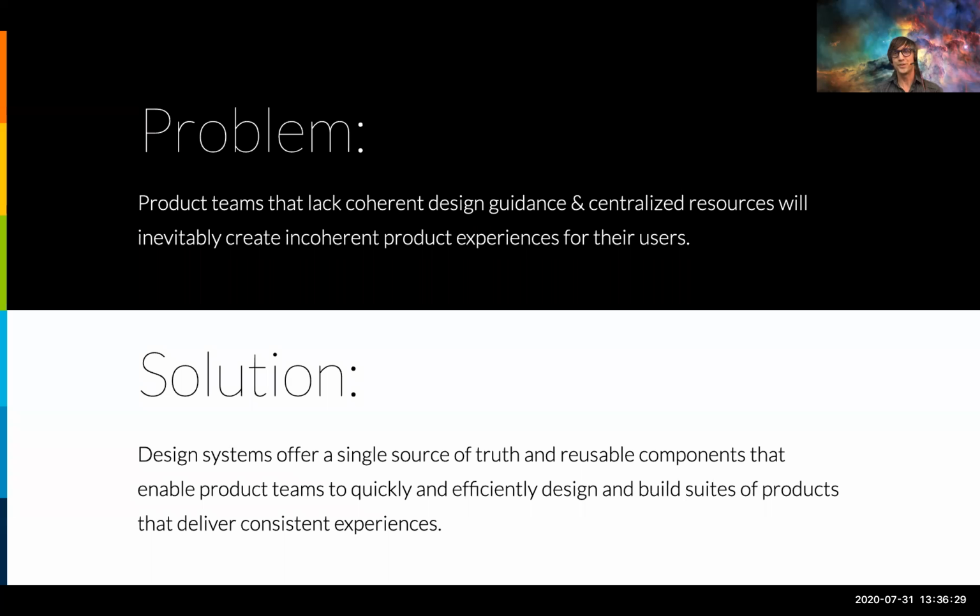Of course, it also supports our scale and velocity needs, to be able to scale up quickly, to quickly test concepts and get things to customers and get them in front of them so that they can give feedback in a really lean, fast way. So this is what design systems enable us to do.